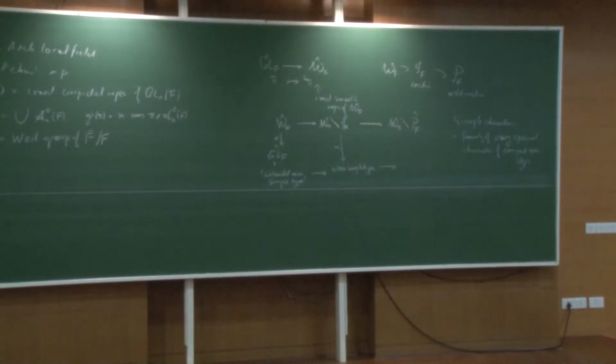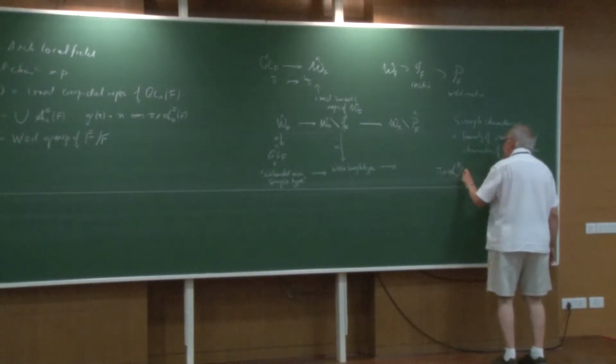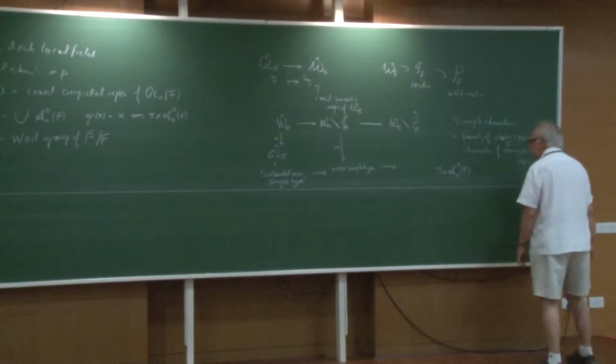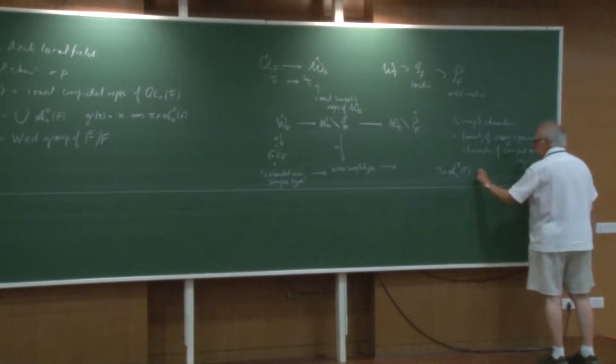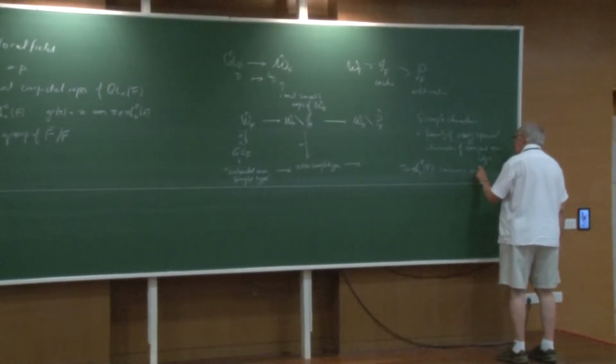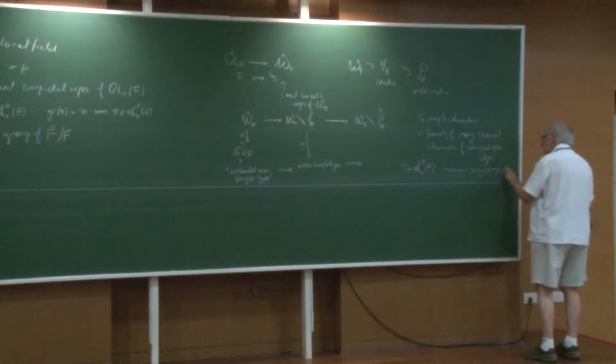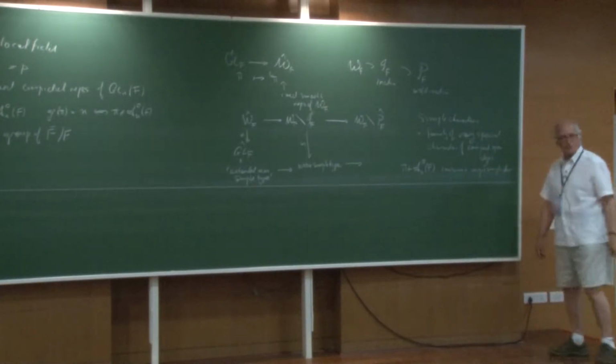A key feature of the classification is that any irreducible cuspidal contains a unique simple character. Unique up to conjugation, everything's up to conjugation.